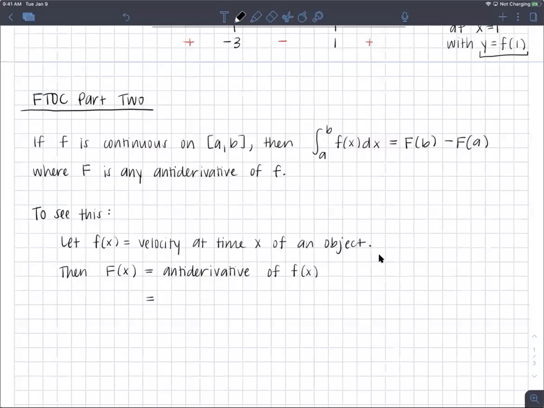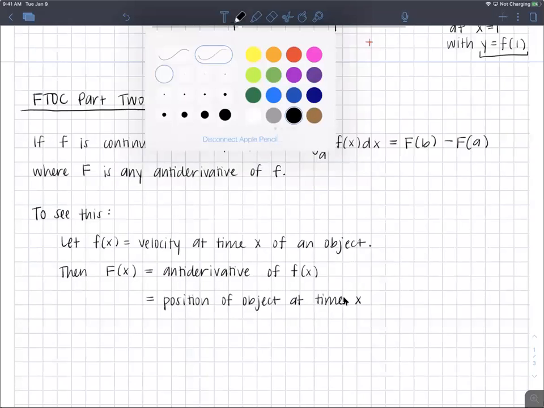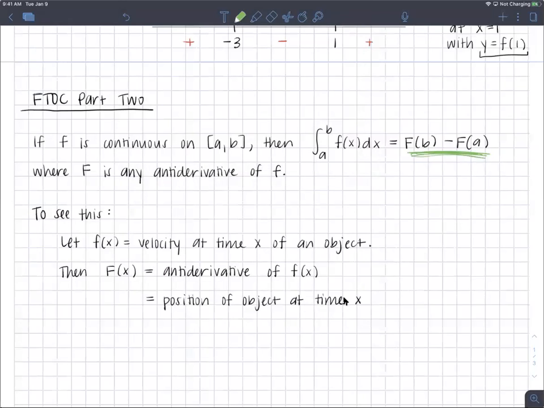So here, instead of thinking about this as the antiderivative, we can think about this as the position of the object at time x. So that takes care of this half over here, where these capital F's are coming from.